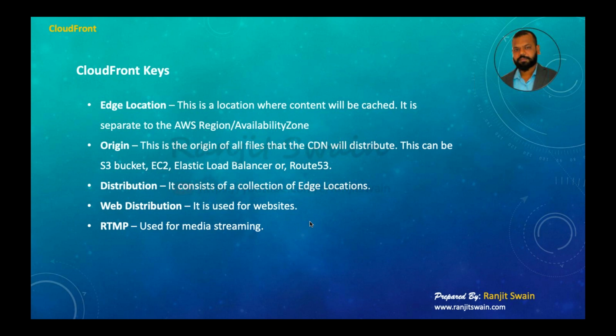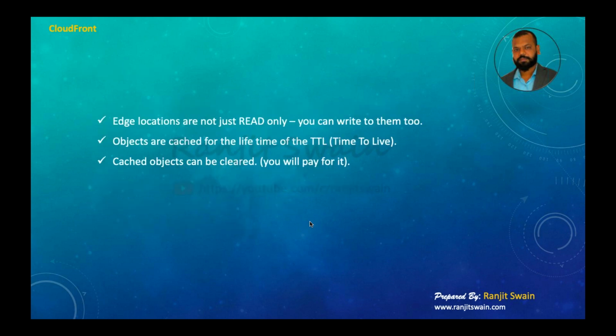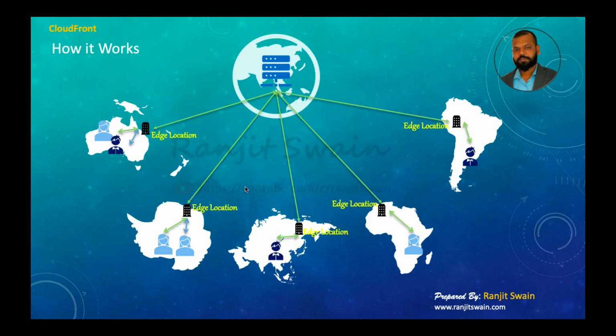So the key points: edge locations are not just read only. You can write to them too. That means in this diagram, we think we are only fetching the information, but you can also write to the nearest edge location.